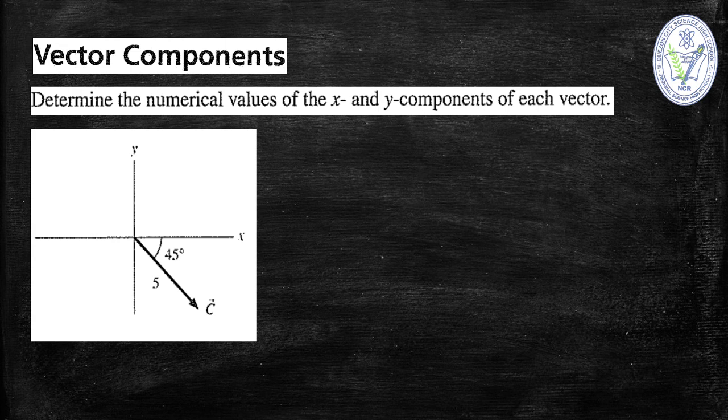Now, for this example, I want you to solve for the x component of c and the y component of c. I will give you enough time to solve for their value.